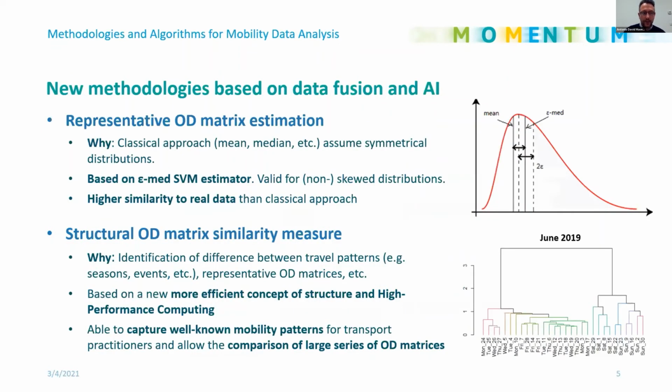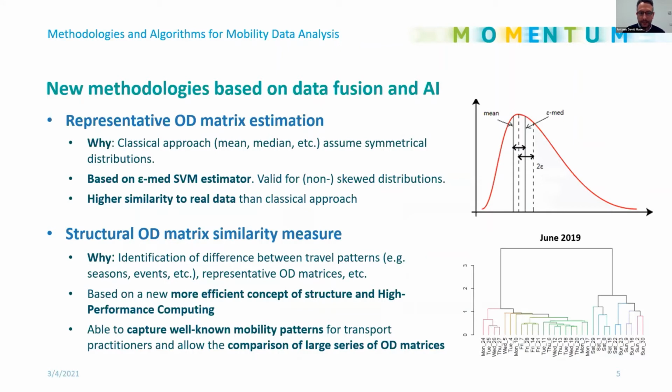So let's start now with the new methodologies based on data fusion and artificial intelligence for mobility data analysis. The first of these methodologies was developed by CERTH, and the purpose was the estimation of representative OD matrices, for example, for a specific day of the week or a peak time, so for a specific period of time.